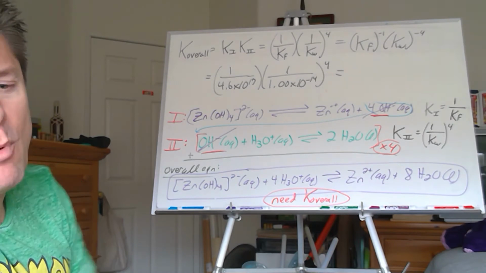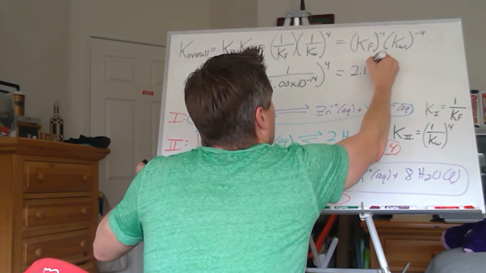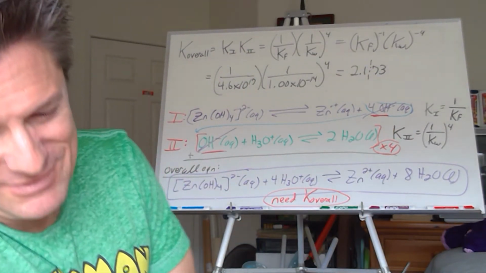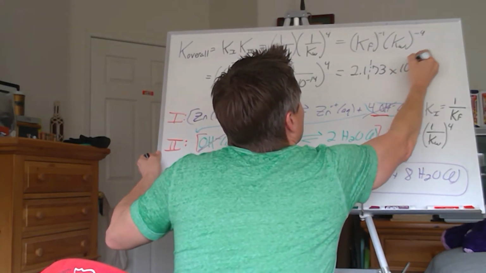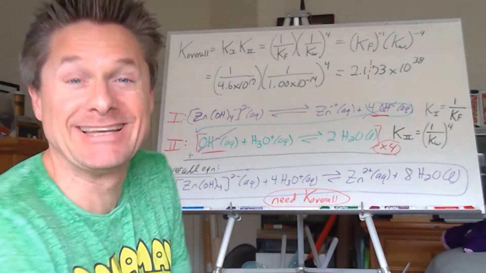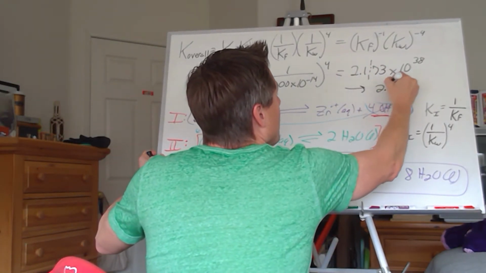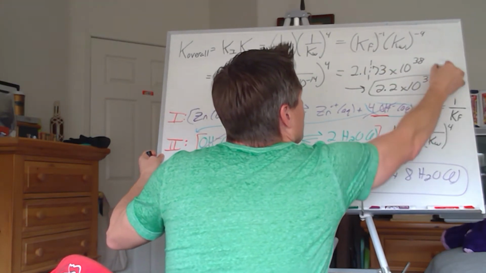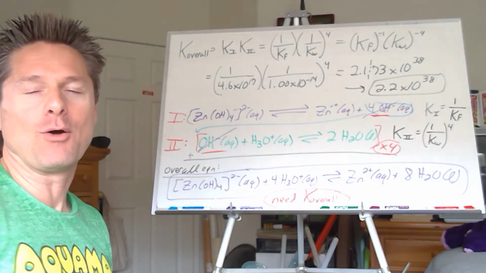I get 2.173 times 10 to the 38th. That's huge. So that's going to round to 2.2 times 10 to the 38th. That is the K overall that I got.